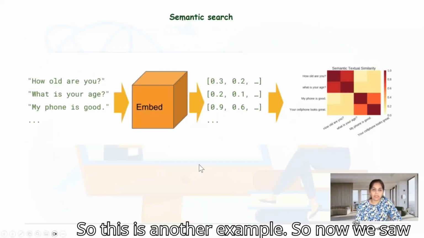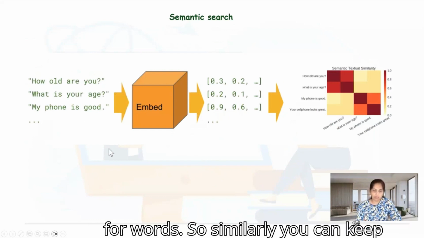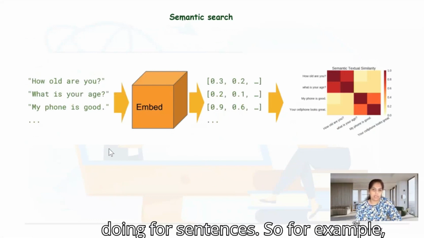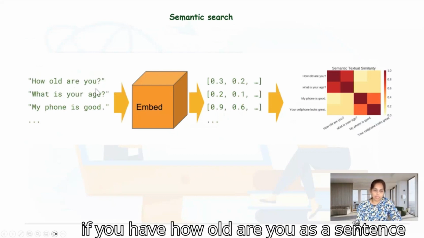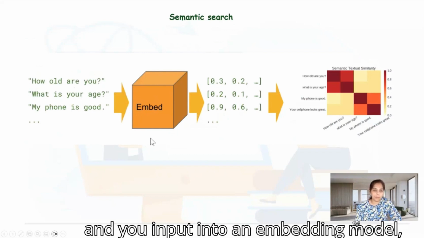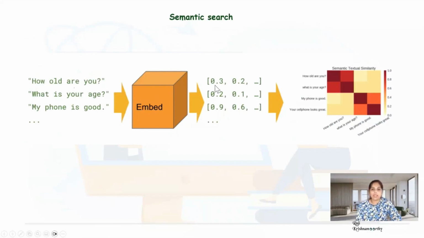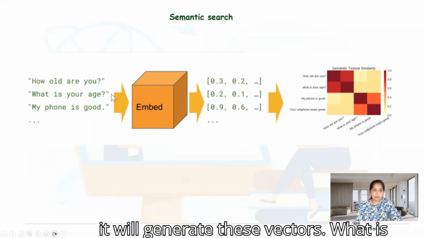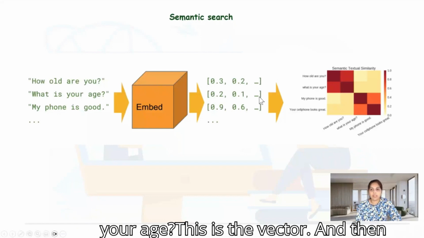This is another example. Now we saw it for words. Similarly, you can keep doing it for sentences. For example, if you have "how old are you" as a sentence and you input it into an embedding model, it will generate these vectors. "What is your age?" has its own vector.